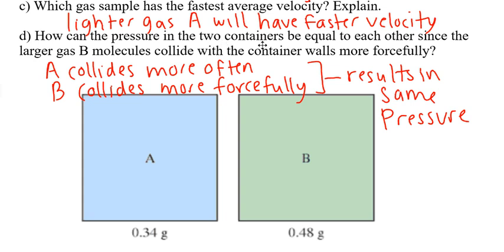So how can the pressure in the two containers be the same? Well, A is going to collide more often because it is moving faster. B will collide with more force, but the average result is still the same because the lighter gas will collide more frequently, whereas these will be more forceful but less frequent. So that ends up the same as well.